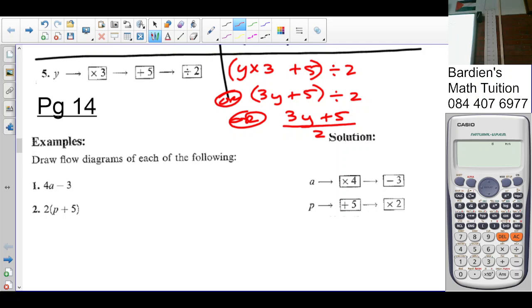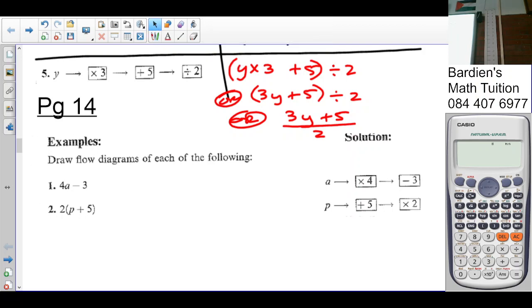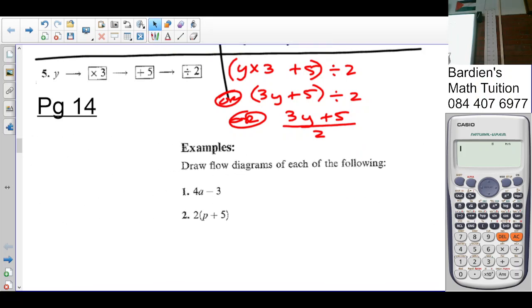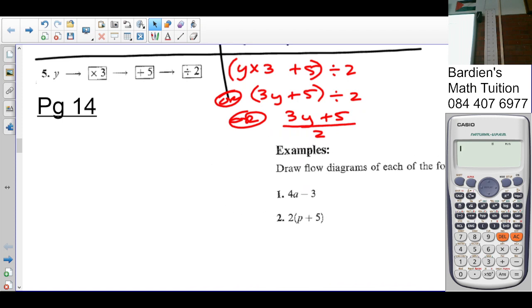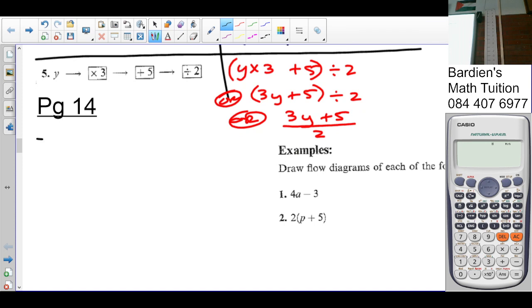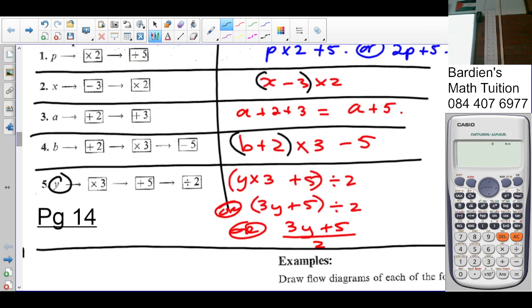Now in number 1, whoops, why did I give the answers to you? Sorry, man. This example on page 14. Draw the flow diagram for each of the following. So where are we going to start? We always start with a variable, as you can see.